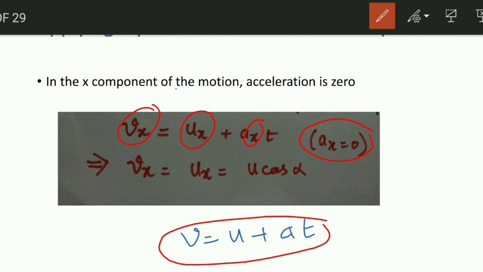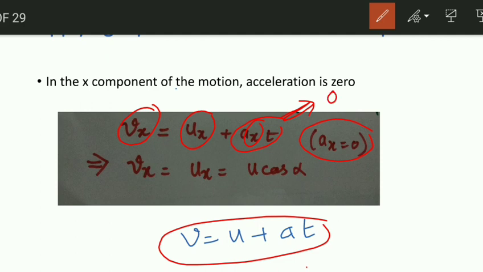The particle is freely projected in the x direction. The component of the velocity is free in the x direction. It is not acting under any force. So vx will be simply ux because this term will become 0. So ux or u cos alpha.